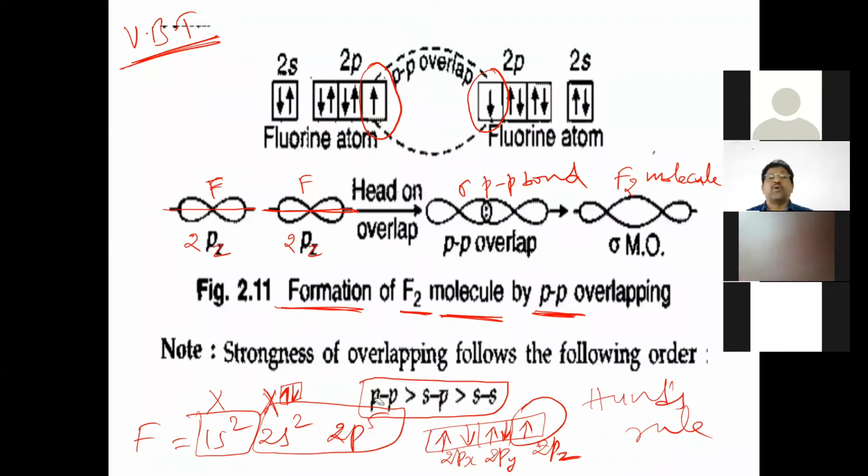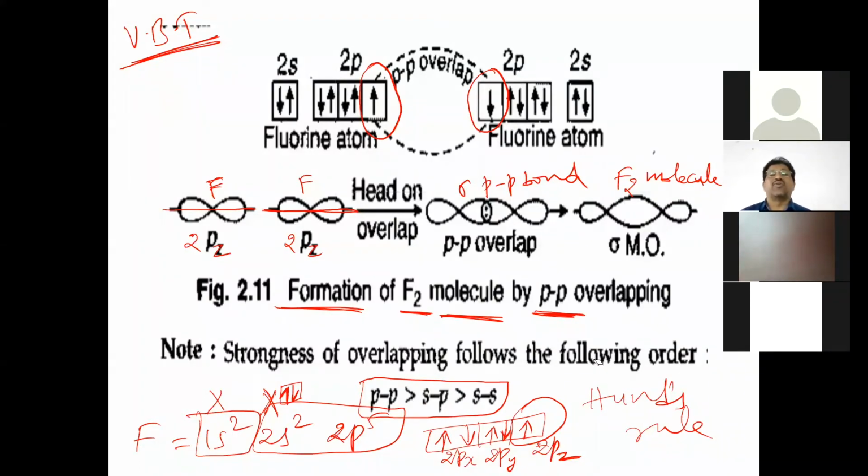Because in pp overlap, more symmetrical p orbitals overlap with each other, and the extent of overlapping is maximum between 2 p orbitals. Why? Because the p orbitals are directional and they have symmetry. More symmetrical p orbitals will form a stronger bond. That's why pp overlapping is stronger than sp overlapping, and sp overlapping is stronger than ss overlapping.